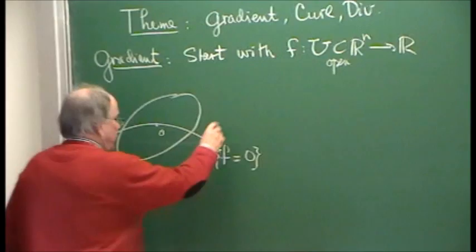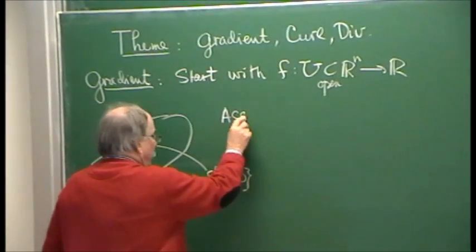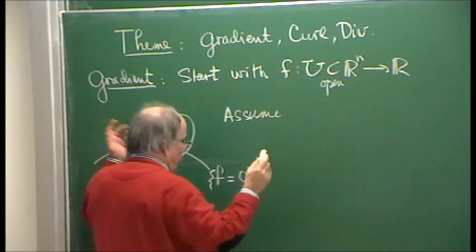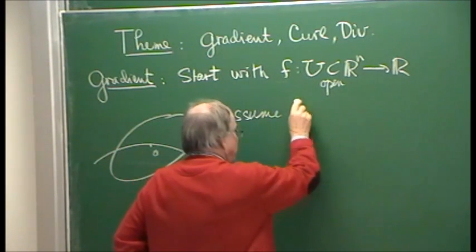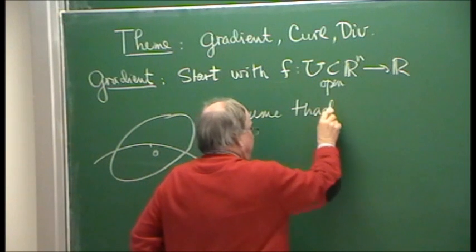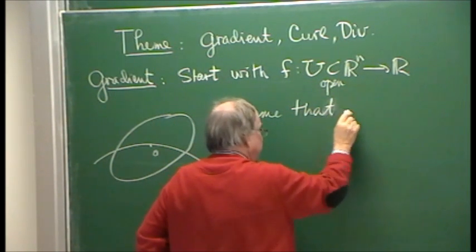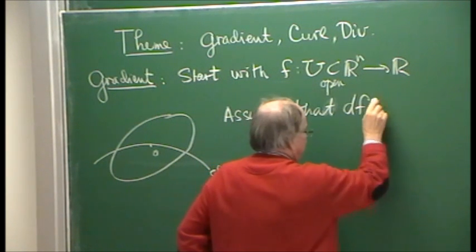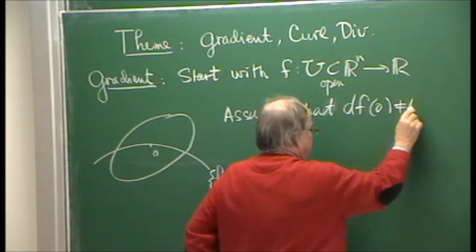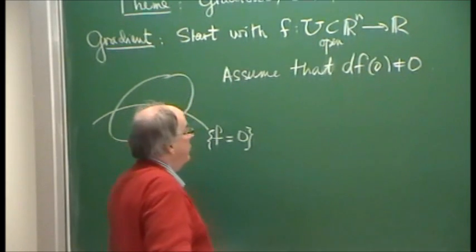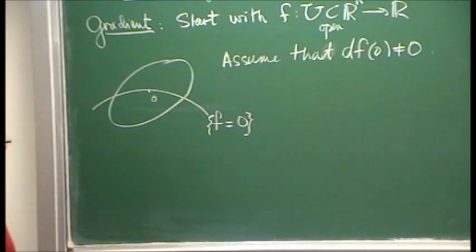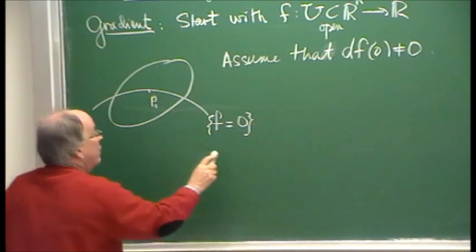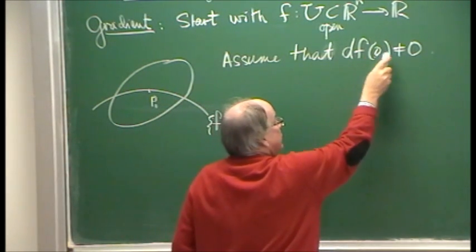And I assume, which you all know by now, that the differential, which is a well-defined notion, df at p0 is not 0. So 0 is no particular point, it's just a general point. Let's make this p0, just so we don't get confused with 0 being 0.